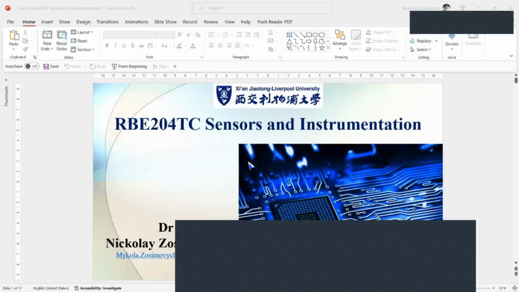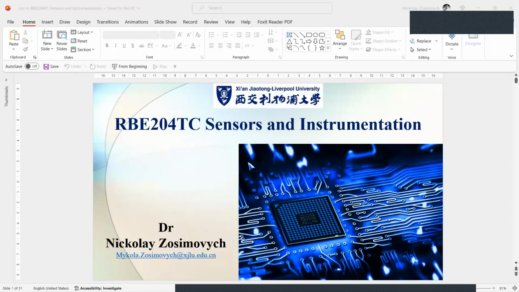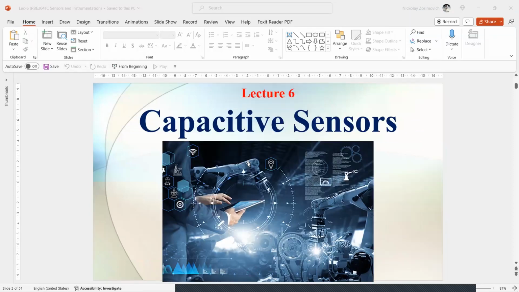So, this lecture starts with resuming the notions of capacitance and permittivity. Next, we will discuss basic configurations for capacitive sensors. You know, the capacitance value changes with variation in the geometry.